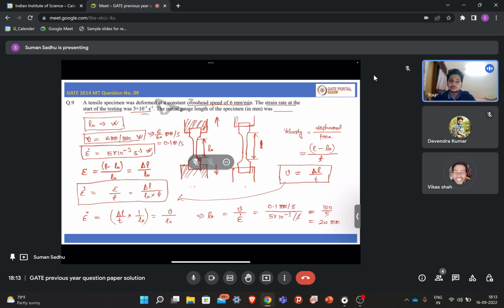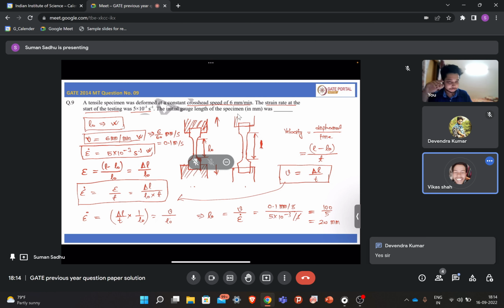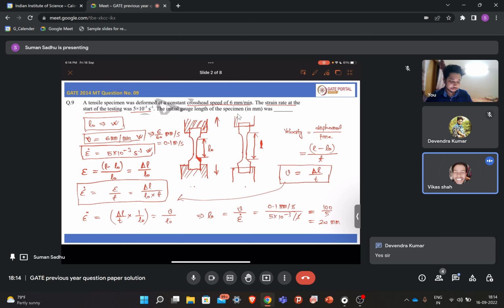Everyone understood up to this part? Anyone has any doubt? Okay. So the answer is 20 millimeter. This was a very simple question.